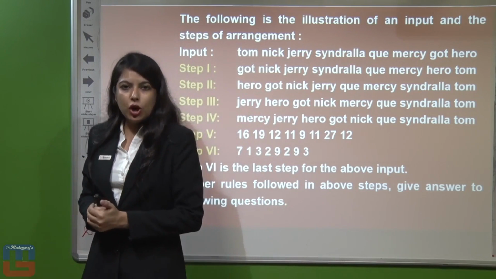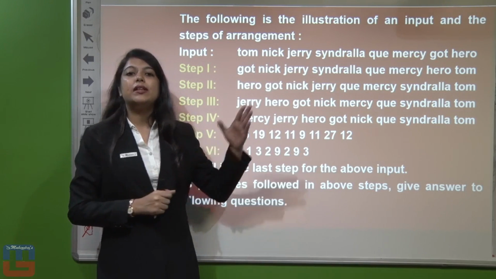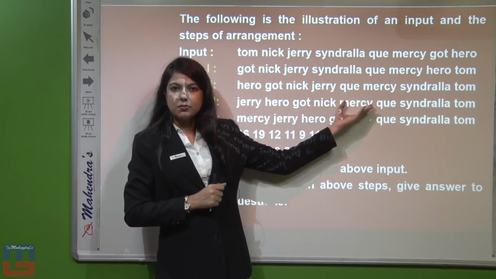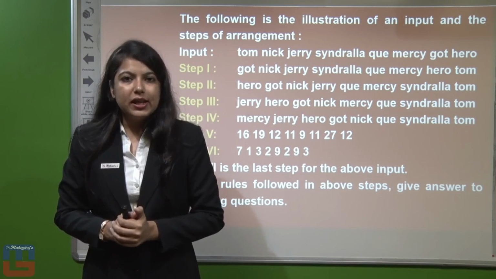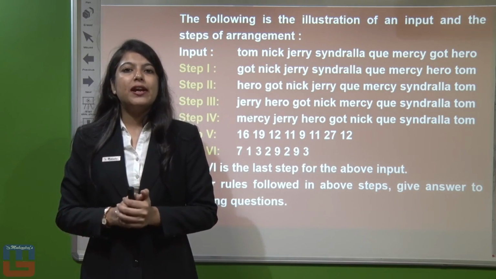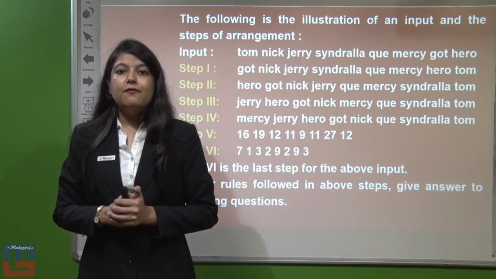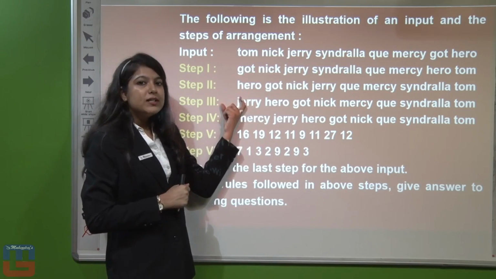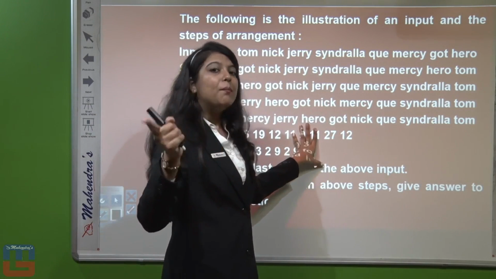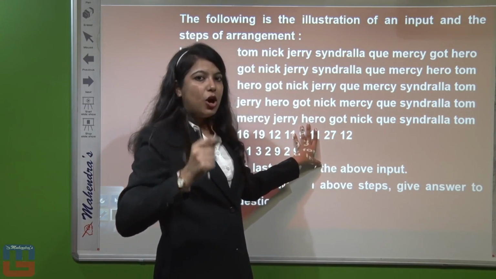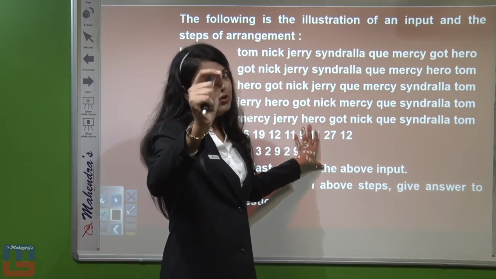And Tom, starting from T, is the highest letter word. But Got, G, and Tom, T, are also related to each other as opposite letters. If Got is arranged on the left-hand side and Tom on the right-hand side, they may be counted as opposite letters: one letter on the left-hand side and its opposite letter on the right-hand side.